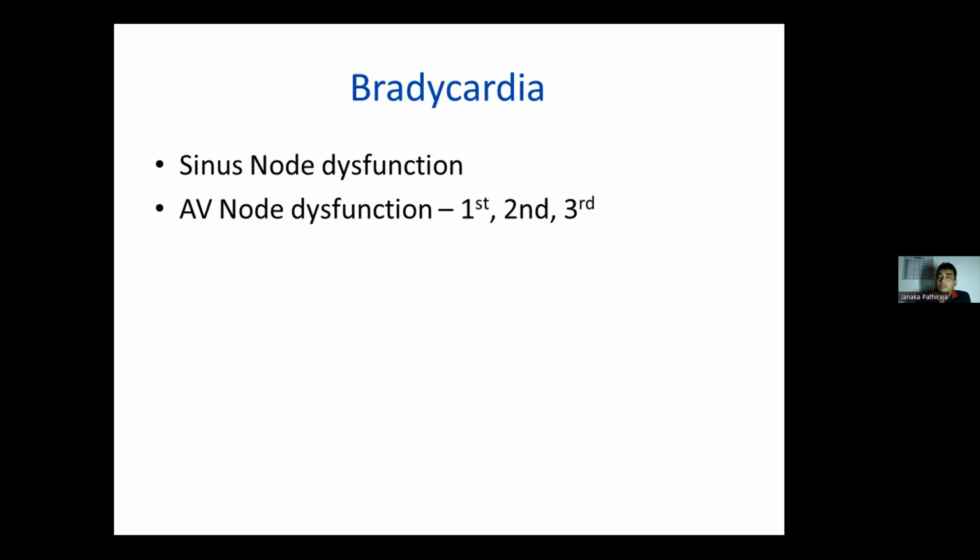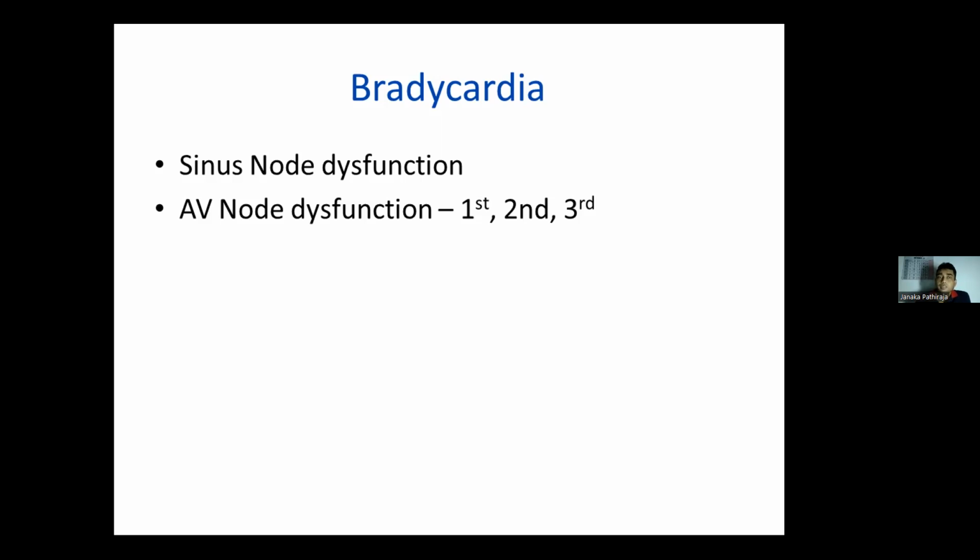When you say sinus node dysfunction, there are other subclassifications. Earlier, there was a classification like type 1, type 2, type 3. Type 1 was bradycardia only, bradycardia with pauses was type 2, and bradycardia and tachycardia was type 3.